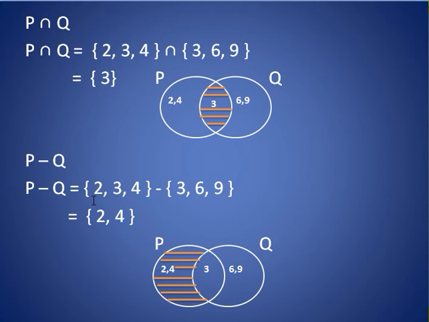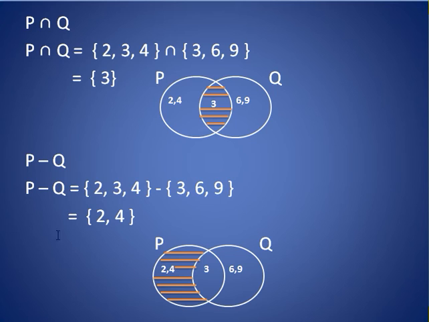Now, all the elements of set P which are not present in set Q are the answer. 3 is the common element, so 2 and 4 are not present in set Q, and that is the answer. These are overlapping sets, so again the same diagram.